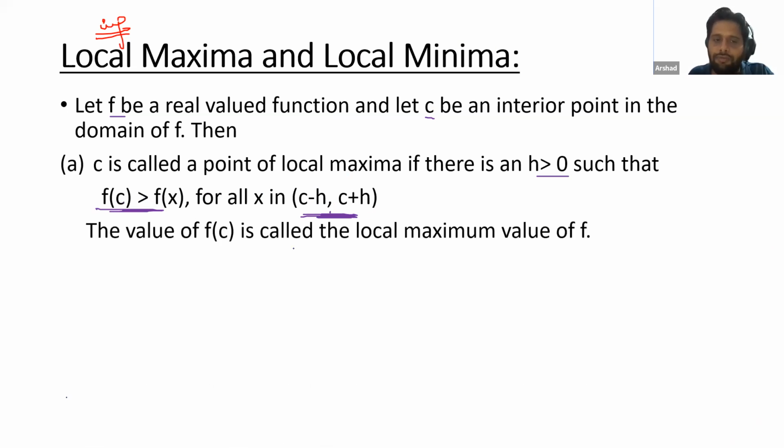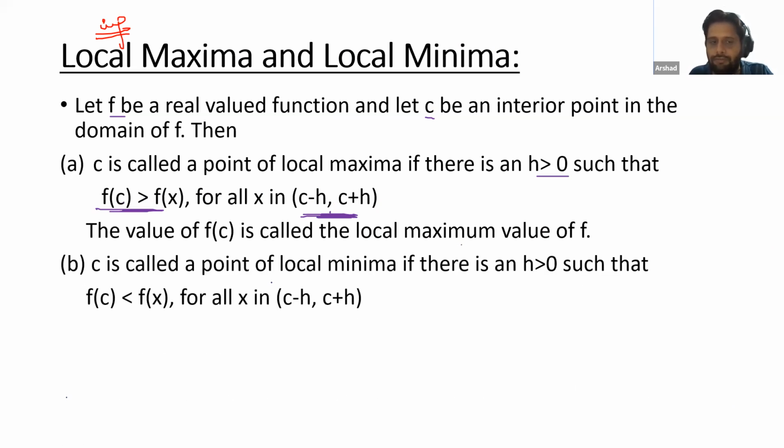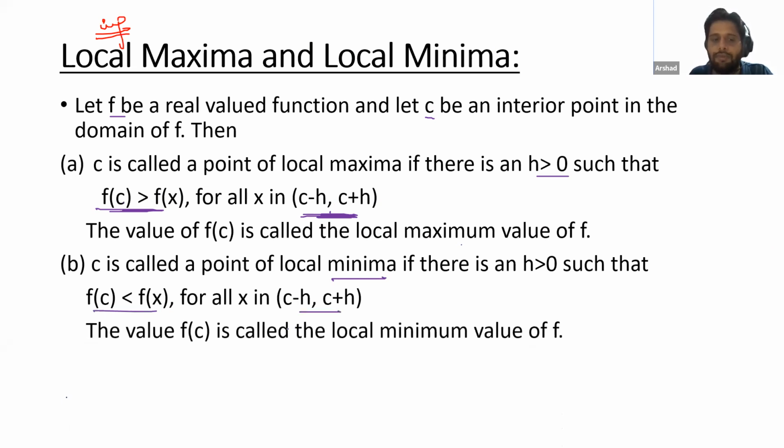The value of f(c) is called the local maximum value, which we have already discussed in the graph. This point is called local minima if f(c) is less than f(x) for x in the neighborhood of c. The value f(c) is called the local minimum value. Please note this down, confirm with me, then I will change the slide, note down the graph, and then your class will be over. Tomorrow we will continue.